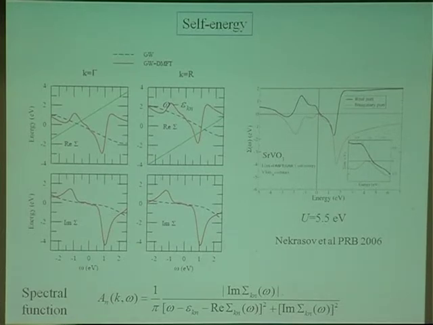So the thing I would like to mention here is that a normal LDA plus DMFT calculation usually uses a value of about 5.5 eV. It's been pointed out quite some time ago that if we use this value, one could get the right band narrowing.